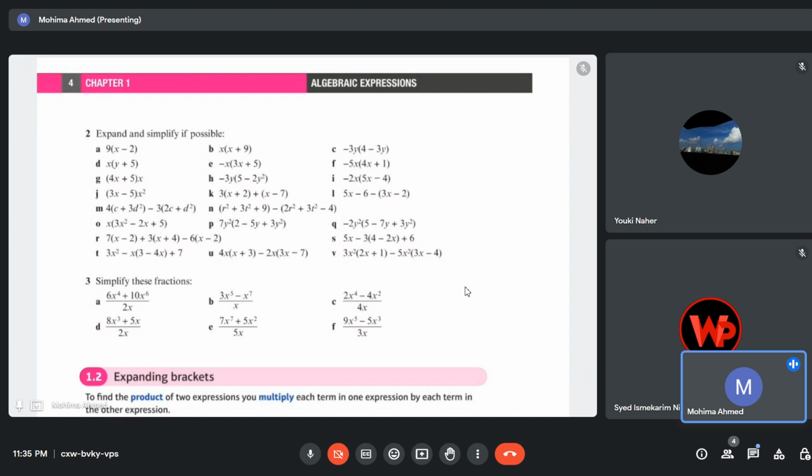question 2b. 3x squared (2x plus 1) minus 5x squared (3x minus 4).